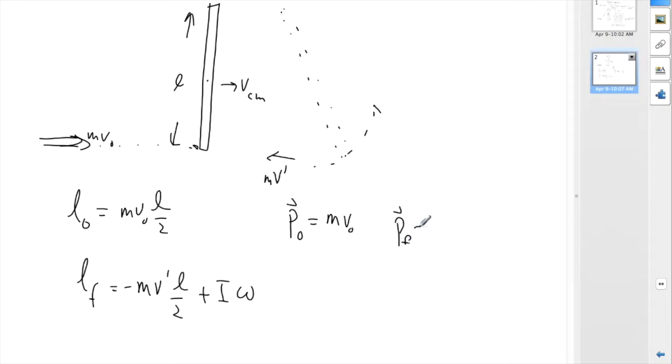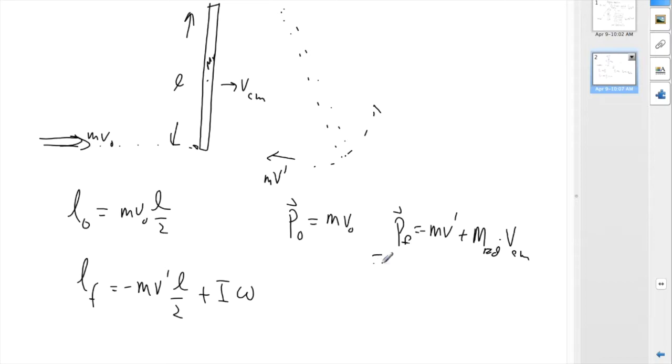P final is going to be M V prime, minus sign because it's going to the left, plus mass of the rod times its center of mass velocity.